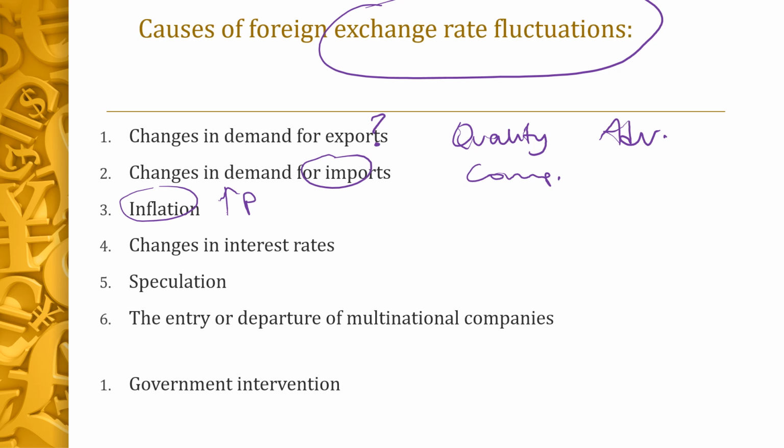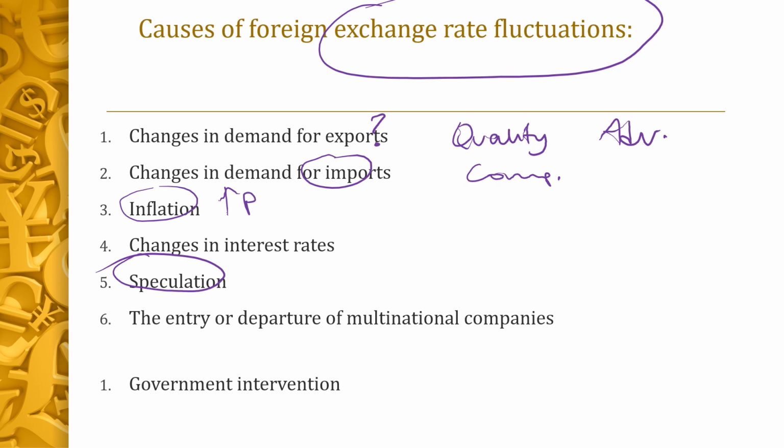Next, changes in interest rates, which is a monetary policy. If the interest rate falls relative to those in other countries, people will move their savings to banks overseas, and vice versa.